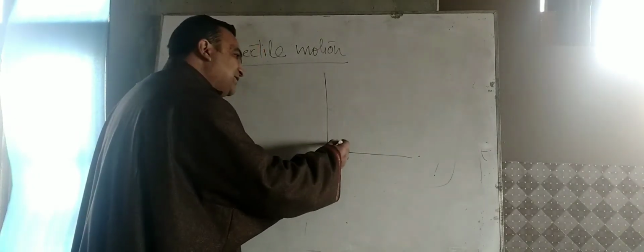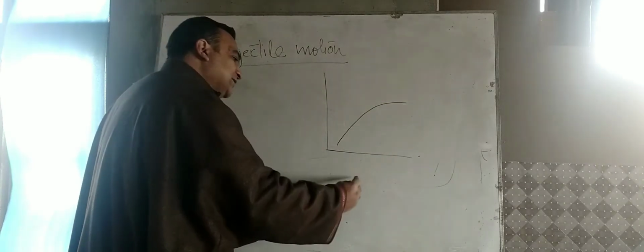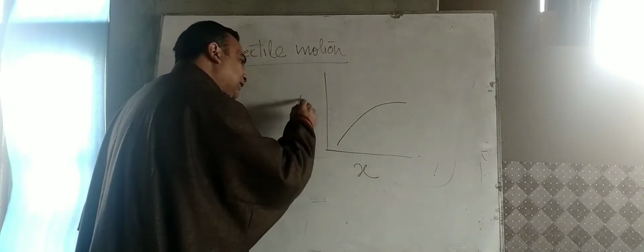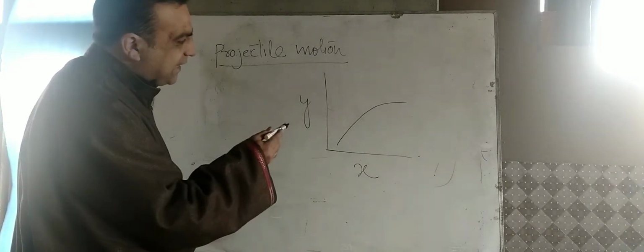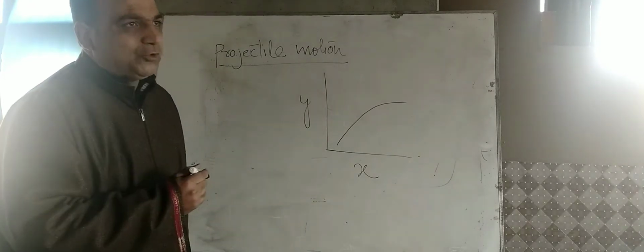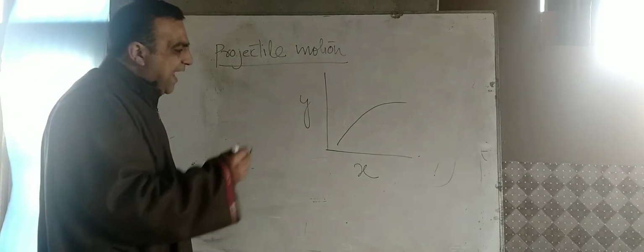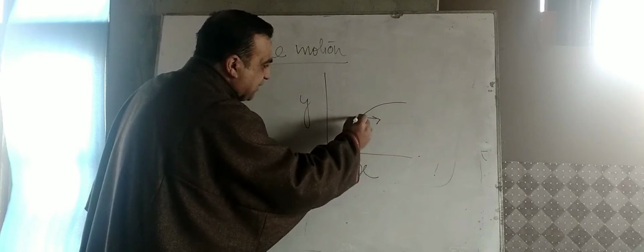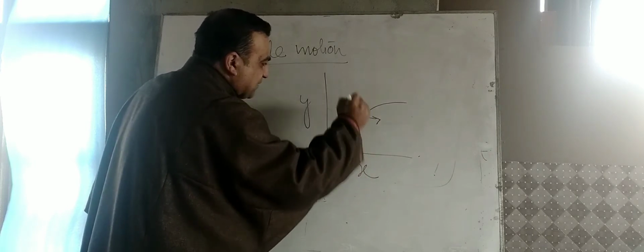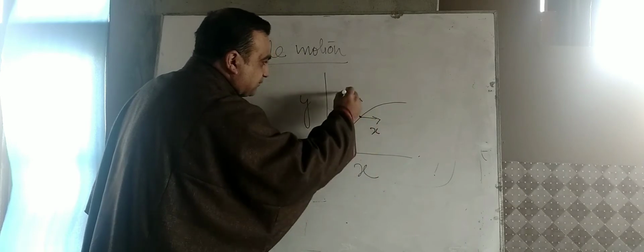That means if something is going like this, I call this x, I call this y, then this body is executing a two-dimensional motion. That means at any point on this curve, x is changing as well as y is changing.